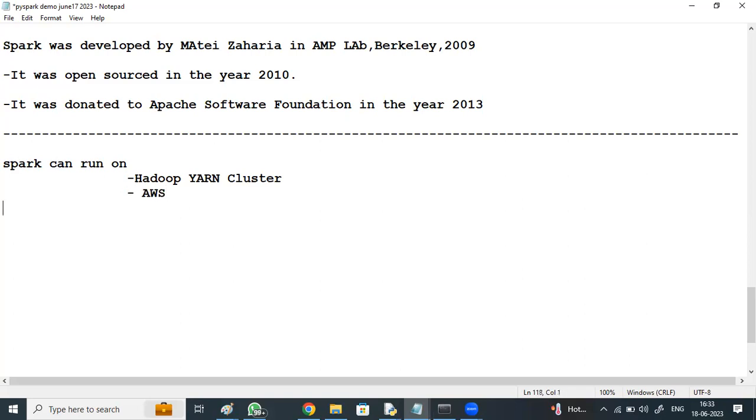Spark can run on distributed clusters: Hadoop Yarn, AWS, and Mesos.